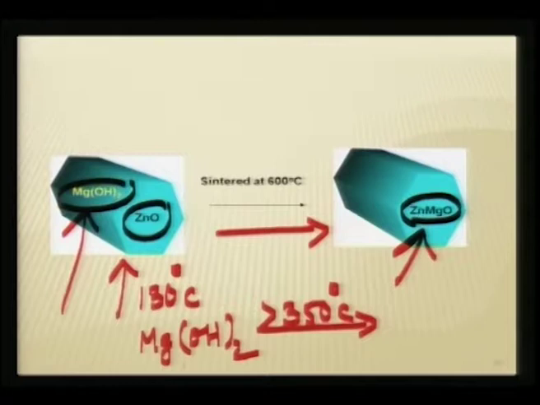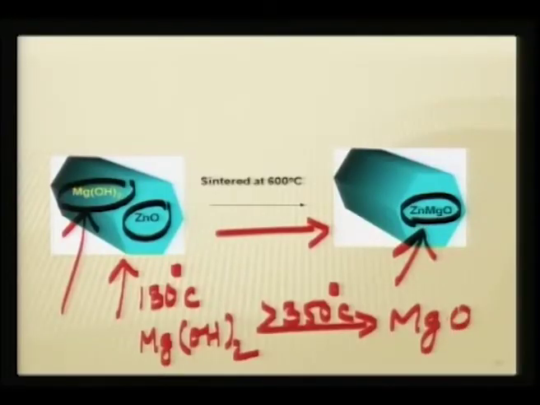whereas if you take cadmium hydroxide, which will come at a later stage, cadmium hydroxide will decompose at less than 150 degrees C. So, magnesium hydroxide, because it decomposes only above 350 degrees C, when you do the polyol synthesis, magnesium nitrate is getting converted to magnesium hydroxide, and that just gets surface coated on zinc oxide. So, it is not exactly doping.